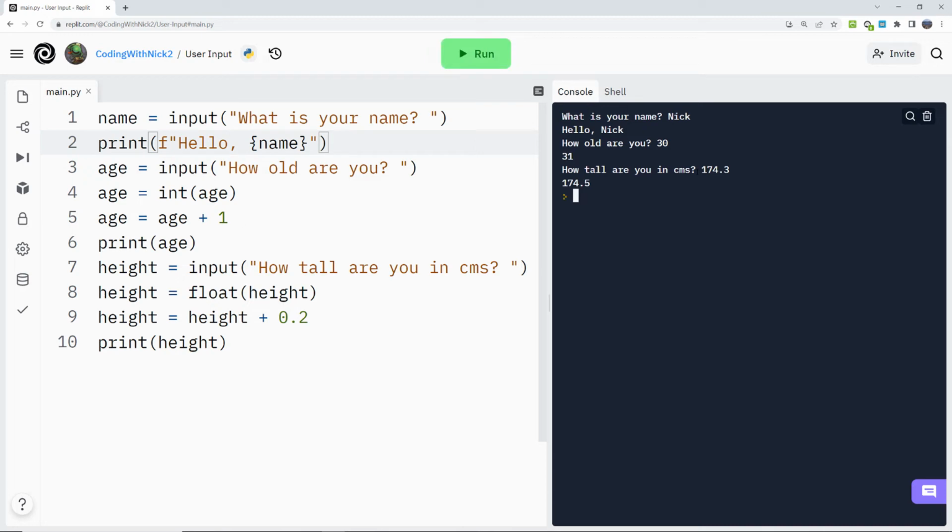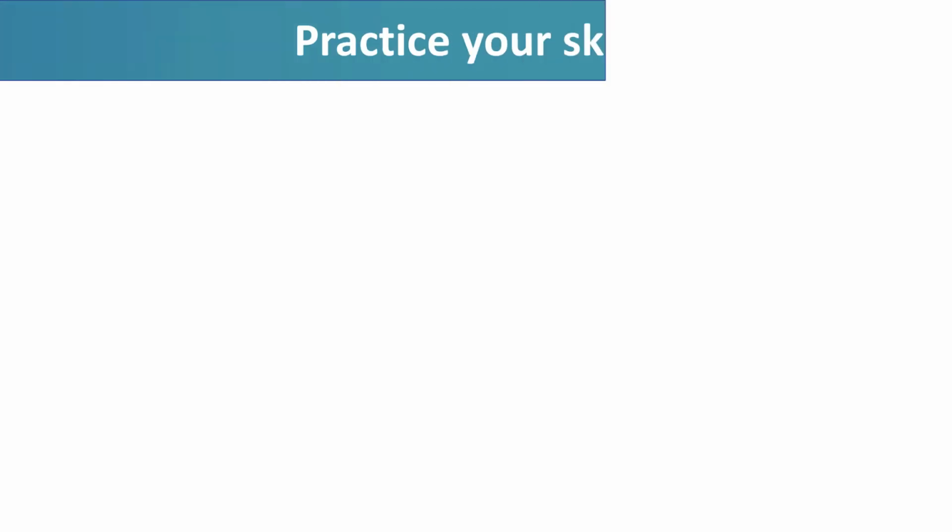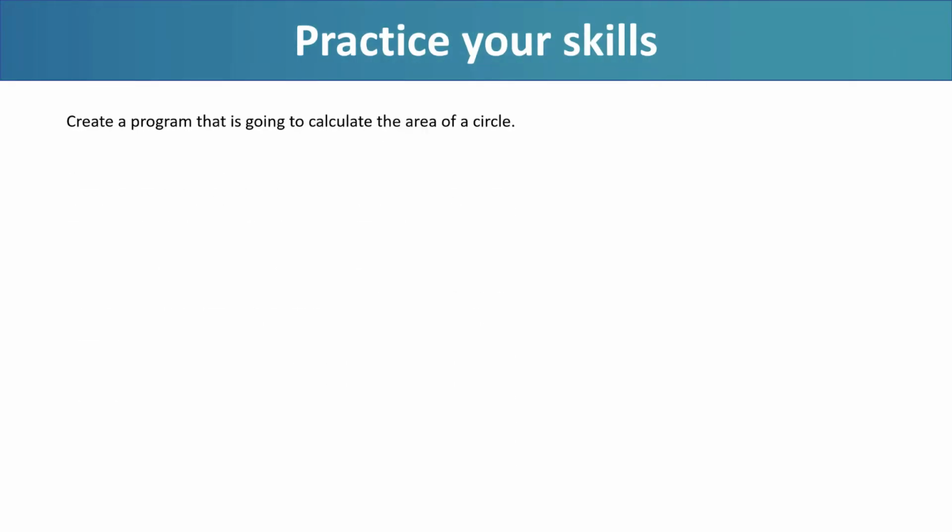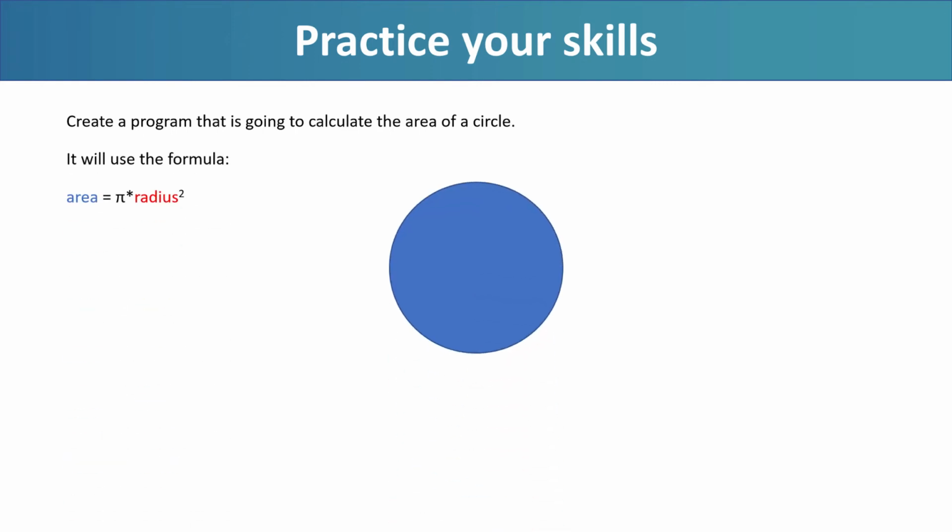We now know how to get data from the user and convert it if needed. Let's now practice our new knowledge with a simple exercise. Let's create the same program we did in the last video, but slightly improved. Let's create a program that will calculate the area of a circle using the formula area = pi * radius squared.